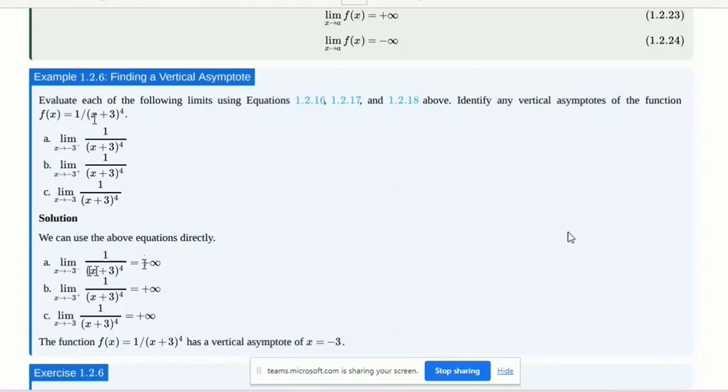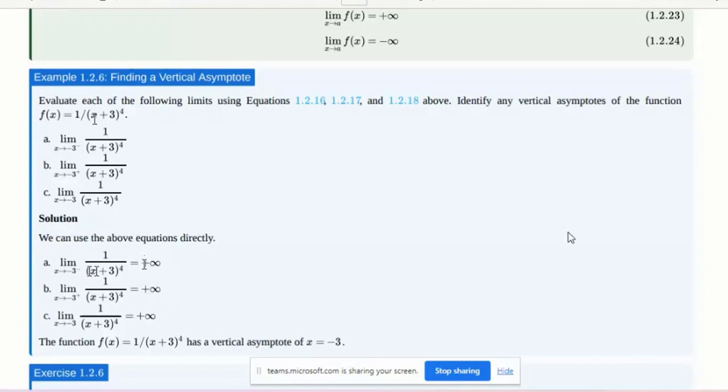Sorry, could you repeat all that because you broke up there? I'm saying, do you see the denominator? Focus on what is within the bracket. Inside the bracket, you have x plus 3. Take what is in the bracket and equate it to 0. We'll have x plus 3 equals 0.